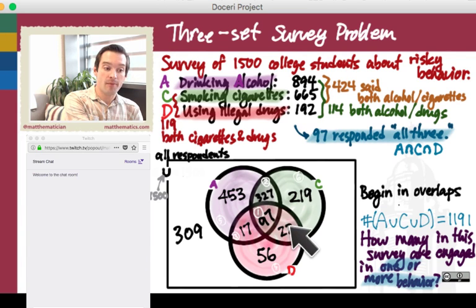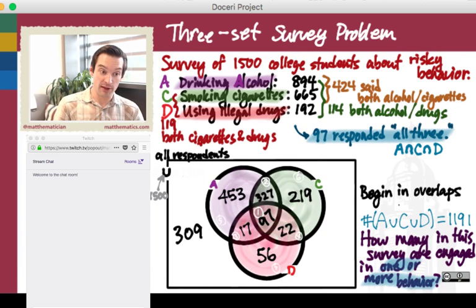And then, by using subtraction, work your way outwards to the double overlaps, and then to the single overlaps, and then finally to the outside, those people in the universe who are in none of these three sets. Once you have this diagram labeled, with all of its regions being disjoint, so no person is counted in more than one place, then any question that anyone can ask you about this survey, you can answer just by adding up regions inside of this Venn diagram.